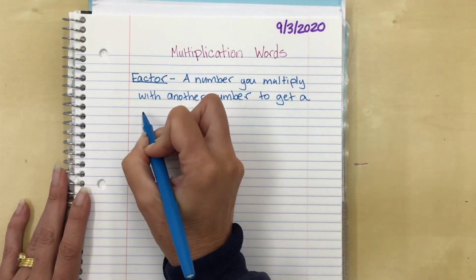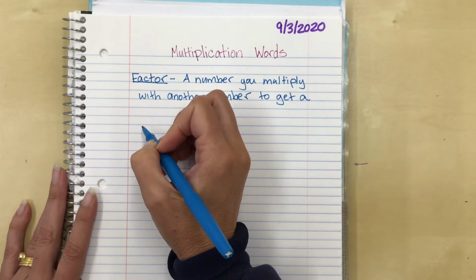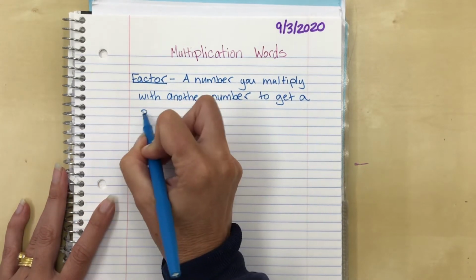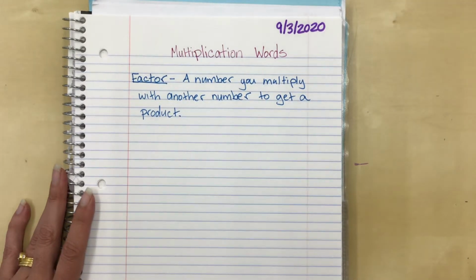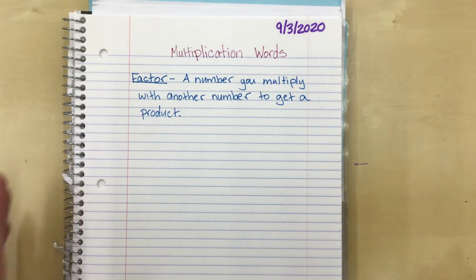We call the answer in a multiplication problem the product. Okay, so for example, 6 is a factor of 18 because you can multiply 6 times 3 to get 18.